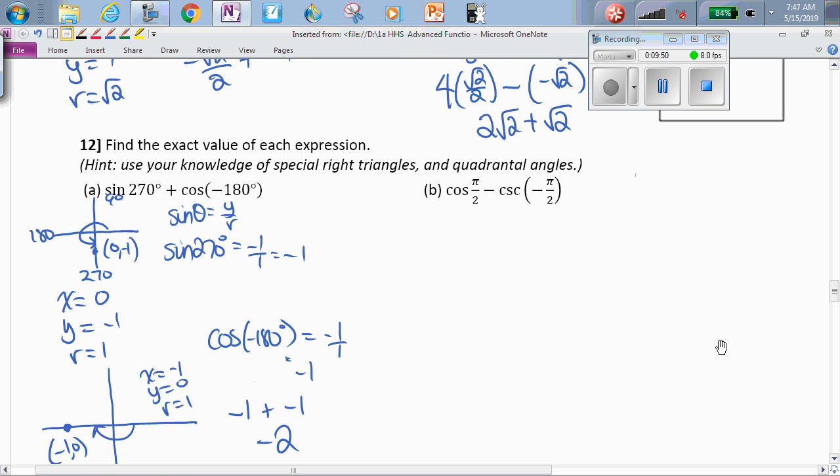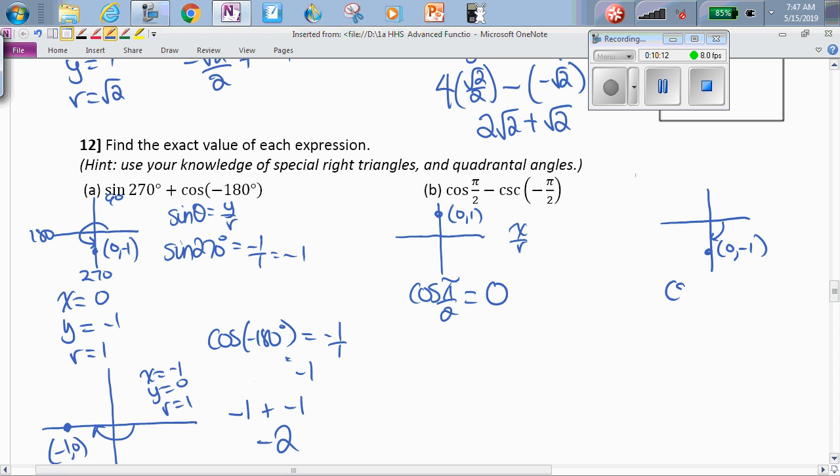And then cosine of pi over 2, so that's going to be up here. And I'm going to do cosecant of negative pi over 2, so let me do that before I forget. So right here. This coordinate point is 0, 1. This coordinate point is 0, negative 1. So cosine of pi over 2, remember it's x over r. My x is 0, my r is 1, so this is just going to be 0. Cosecant of negative pi over 2.